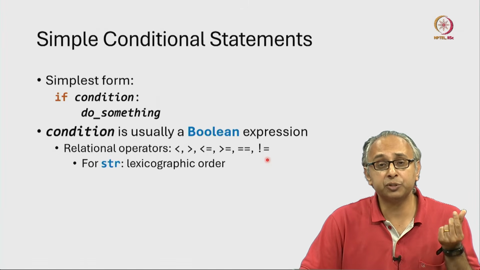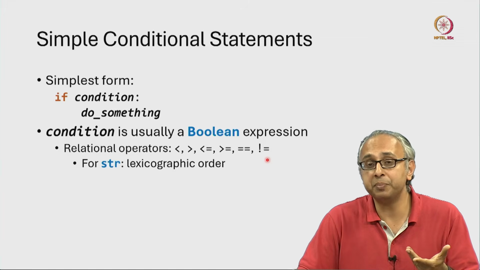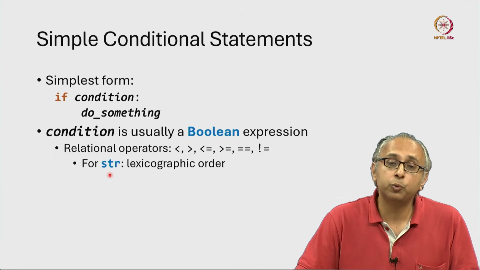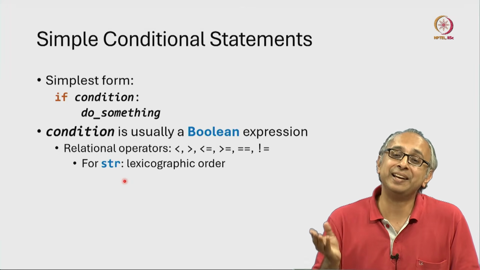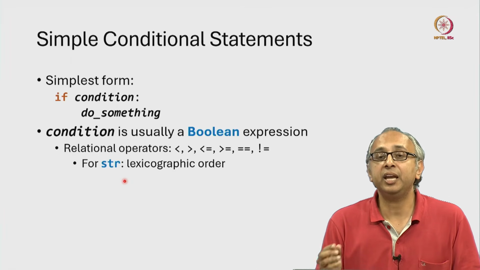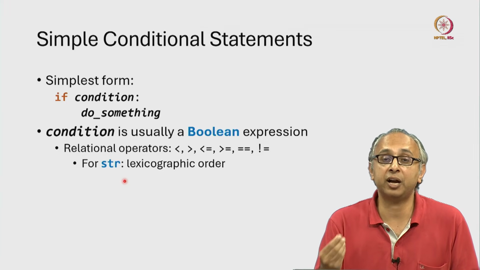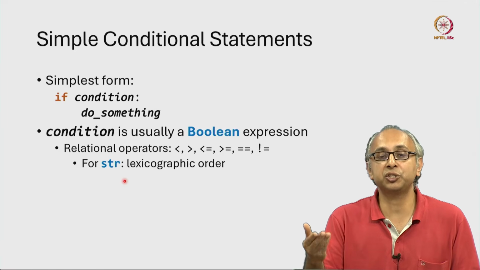By the way, these relational operators can be used not just with numbers like ints and floats, but they can also be used with strings. We can talk about one string being less than another if we are comparing strings in what we call lexicographic order. That's a very scary sounding word, but it just means dictionary order.